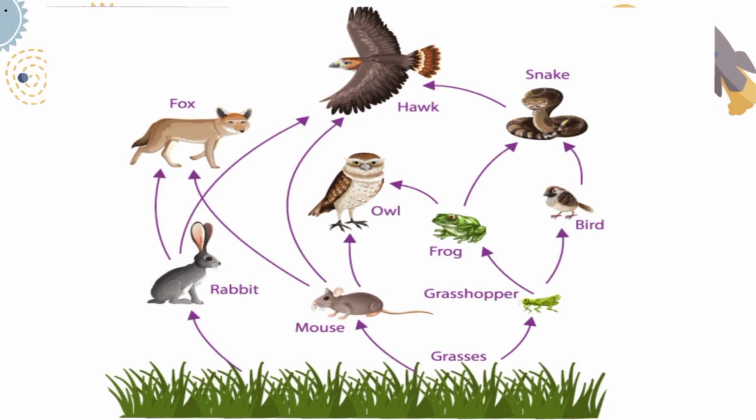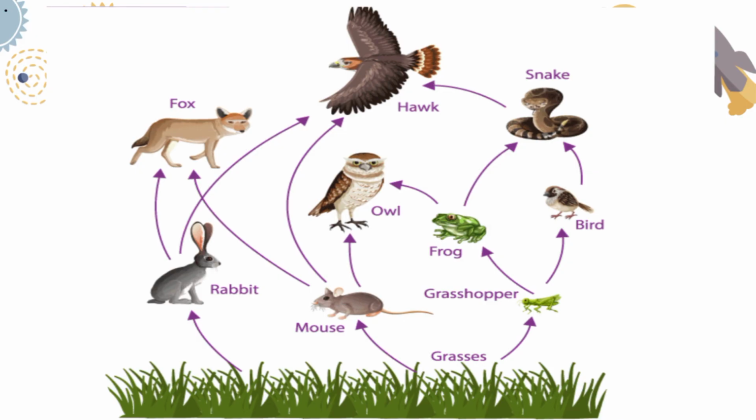Now you can see there are a number of food chains shown in this picture. So, what can we say? This is a food web having a number of food chains interconnected with each other.